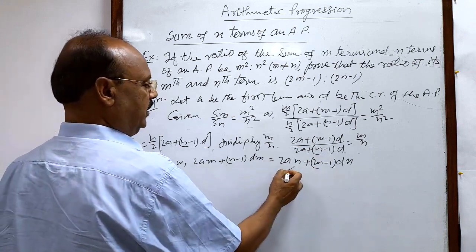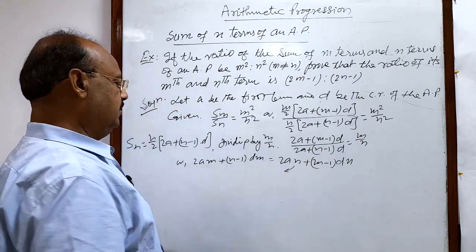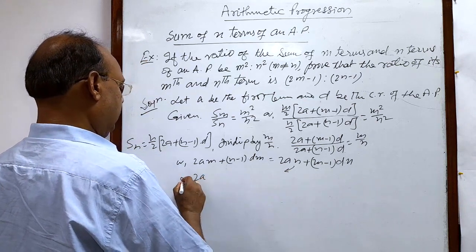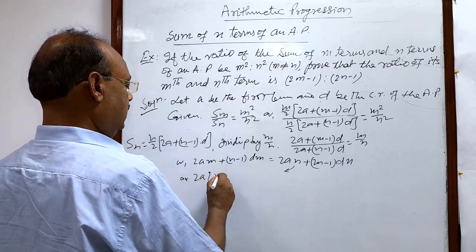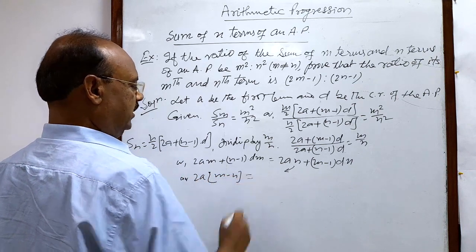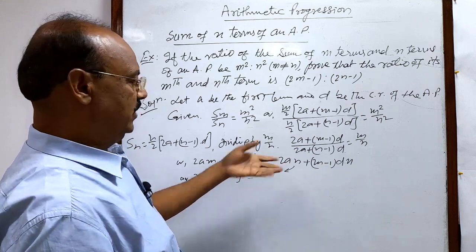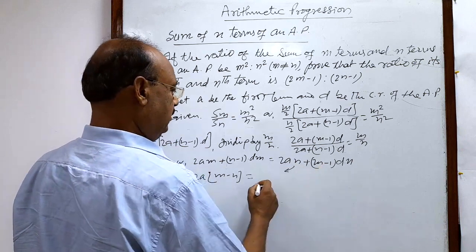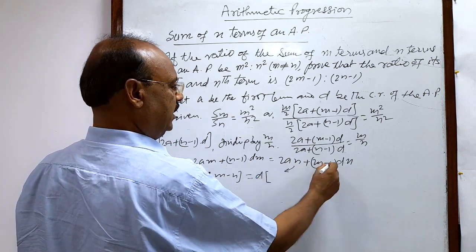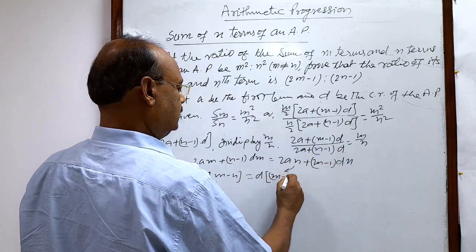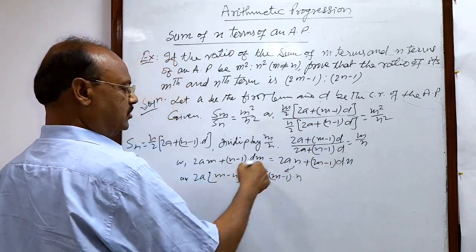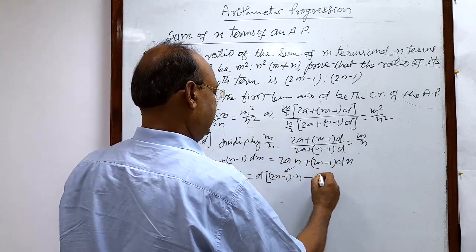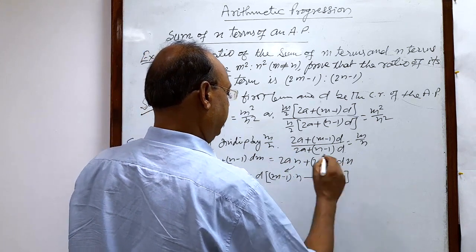So the 2an will be transferred to the left hand side, and taking 2a common, we get m minus n is equal to, transposing this term to the right hand side, d common, so (m minus 1) into n minus (n minus 1) into m.